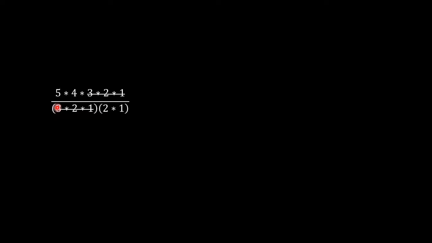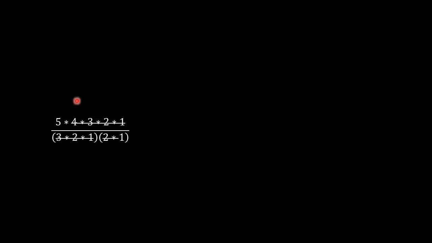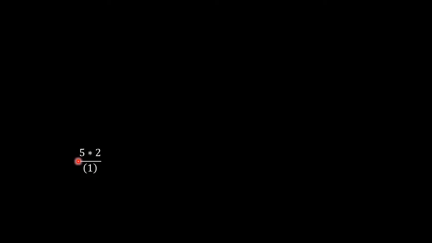We are left with 5 times 4 at the numerator and 2 times 1 at the denominator. 4 and 2 can be divided by each other and leave us a 2 in the numerator. Multiplying the values left, 5 times 2 leaves us with 10 ways. Therefore, we have 10 ways of choosing 2 variants from the 5 excellent quality hot dogs.